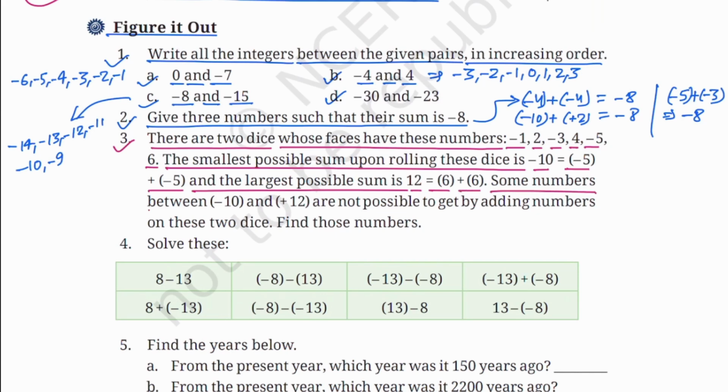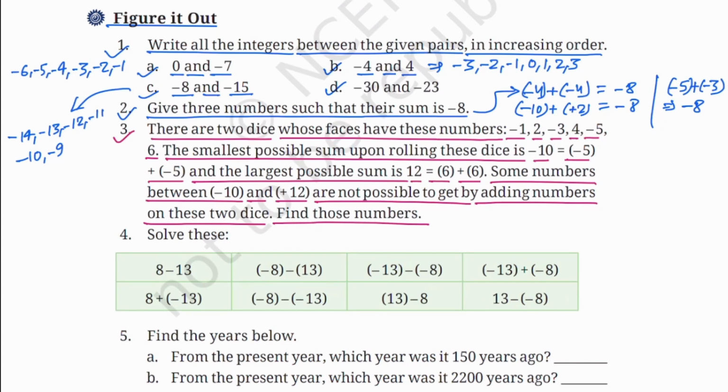Some numbers between -10 and +12 are not possible to get by adding numbers on these 2 dice. In the question, it has been said there are 2 dice, both rolled simultaneously.